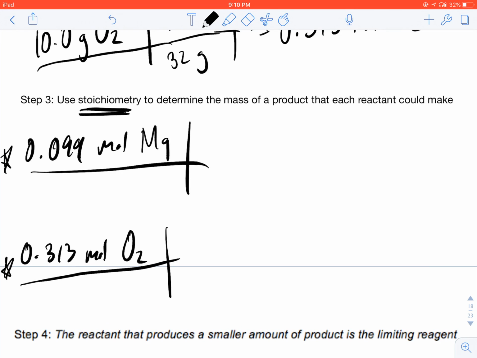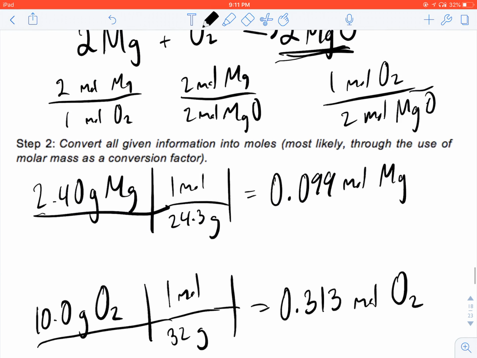In both of those questions, we're not worried about the other reactant. We're assuming we have enough of the other reactant. All right, so let's go ahead and do those problems now. So first one, we have 0.099 moles of magnesium, and we're going to assume we have enough oxygen.